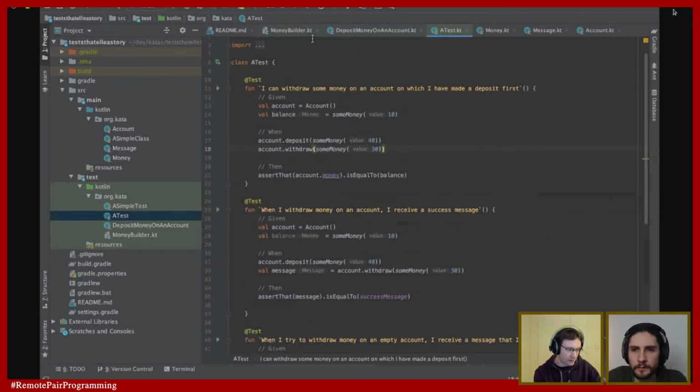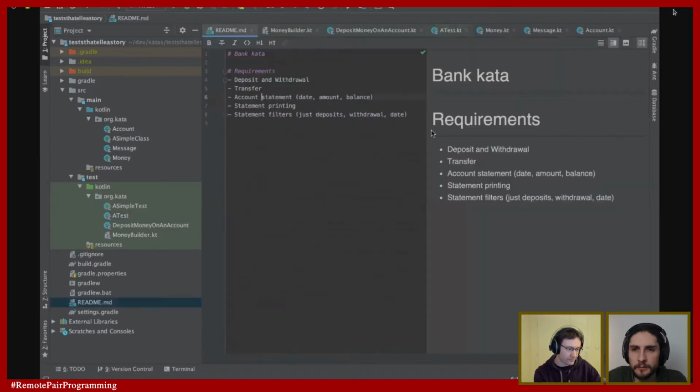Yes. So let's look at what we want to do next. So we can implement the transfer function, which means that we would like to transfer some money from an account to another. Yes. It should be quite easy to implement given all what we already have.